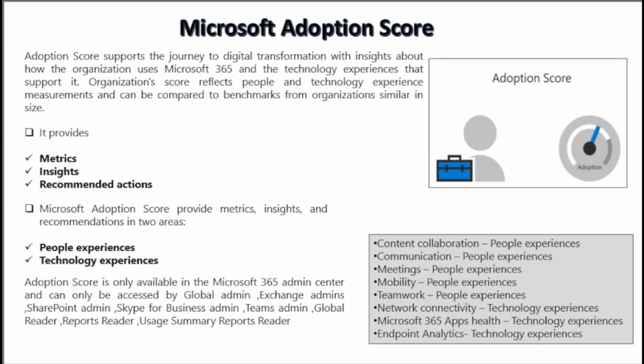Adoption Score is only available in the Microsoft 365 Admin Center portal and can only be accessed by Global Administrator, Exchange Administrator, SharePoint Administrator, Skype for Business Administrator, Teams Administrator, Global Readers, Report Readers and User Summary Report Readers.